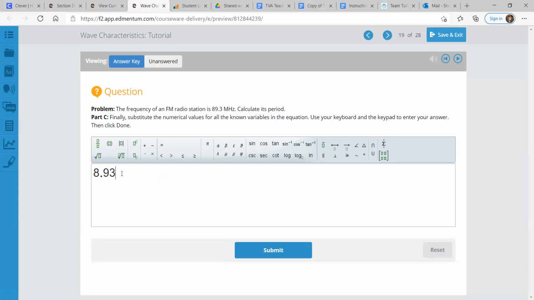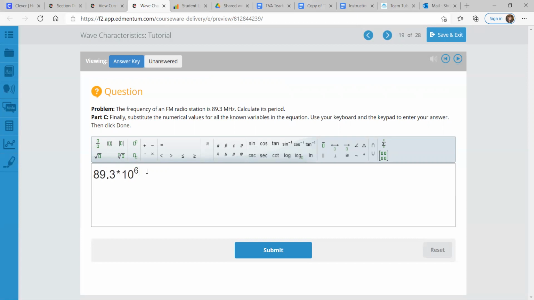And since you moved it over one space, you'll have to add a power. So that is 8.93 times 10 to the 7th power, because you moved that one space over.